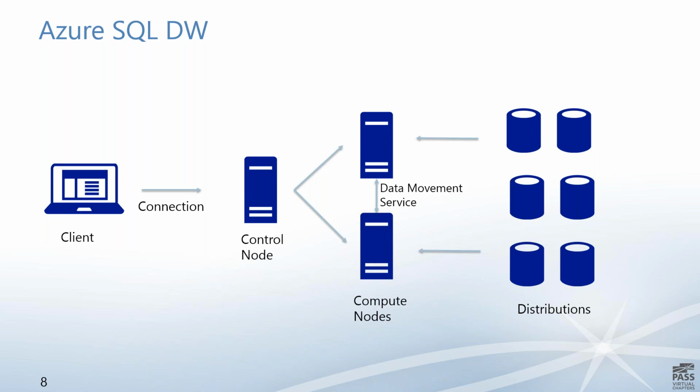So each one of those buckets is called a distribution, and the system has 60 distributions. So that's 60, and it is a static number. You're going to get a bunch of data coming in, and Azure SQL Data Warehouse is going to use an algorithm of your choice, and it's going to distribute it amongst a max of 60 buckets of data.